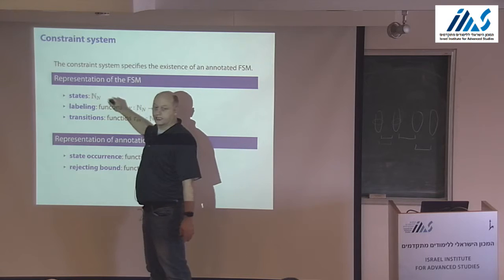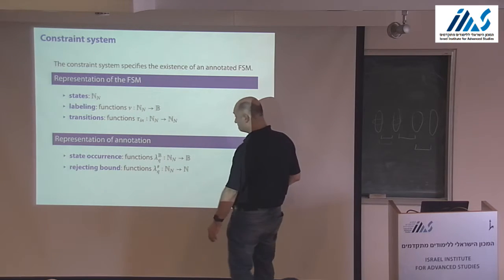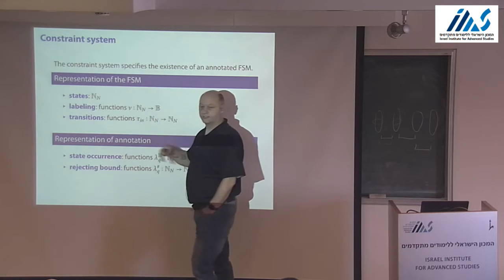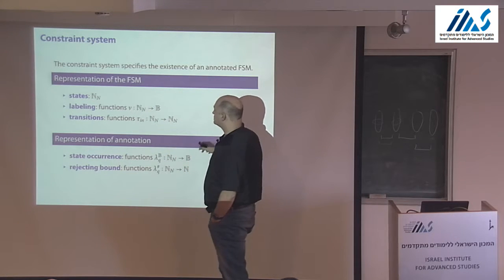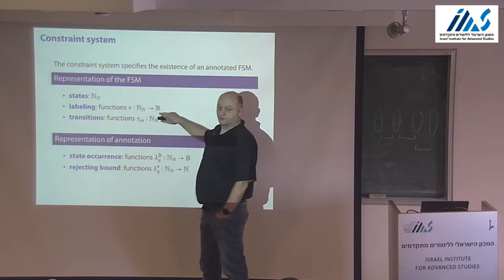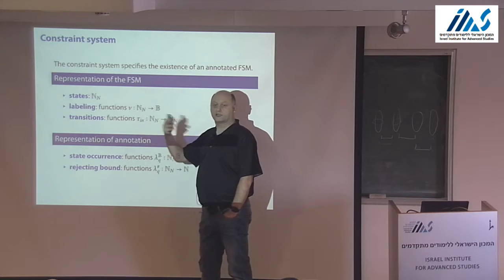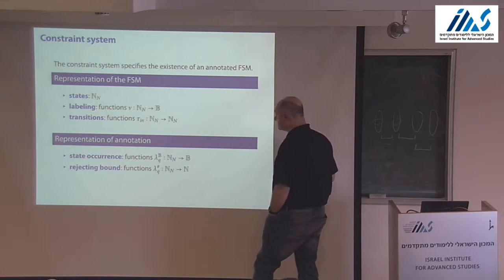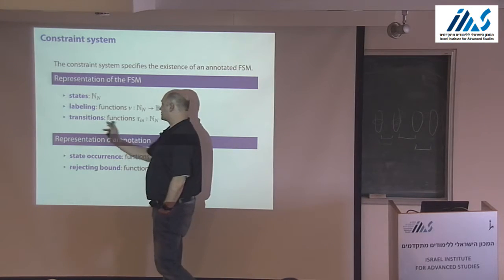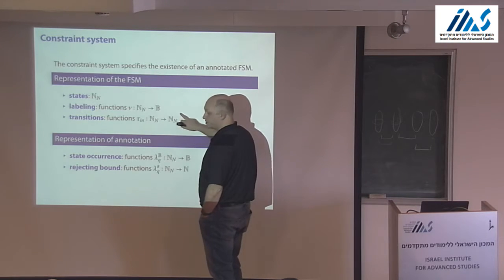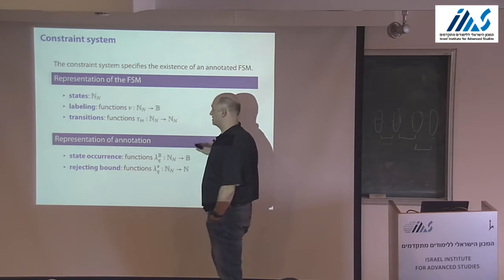So I only need the natural numbers up to this bound. Then I need a labeling that indicates the outputs produced by the finite state machine in that state. So I'll map this set of states into Boolean values, indicating whether a particular output variable is set or not in that state. And finally, I have transitions, which are functions from this finite set of natural numbers back to that finite set of natural numbers.